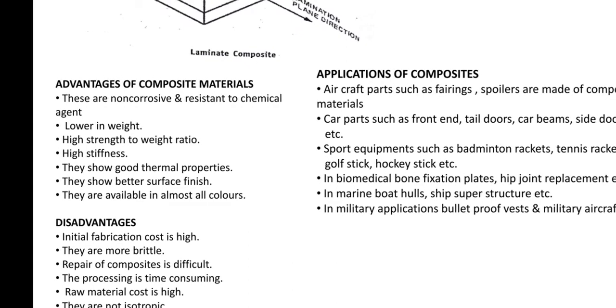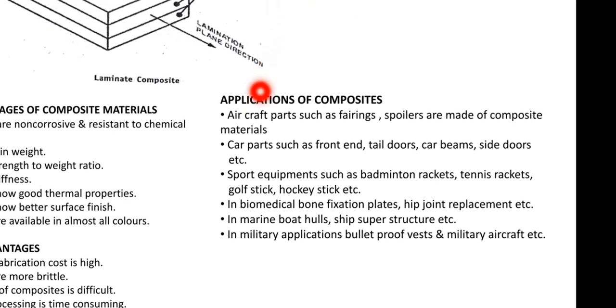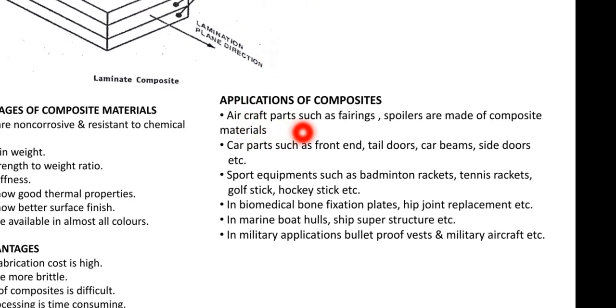What are the applications? They are used in making aircraft parts because they are light in weight and they show high stiffness and high strength. Therefore, they are used in making aircraft parts such as fairings, spoilers, etc. Car parts such as front end, tail doors, car beams, side doors are made of composite materials.